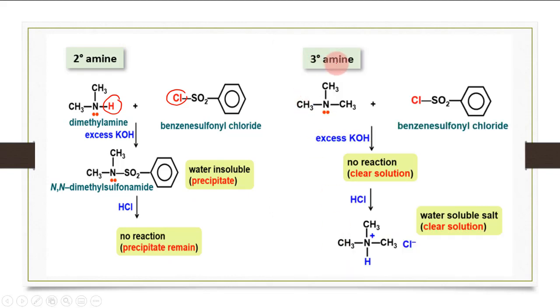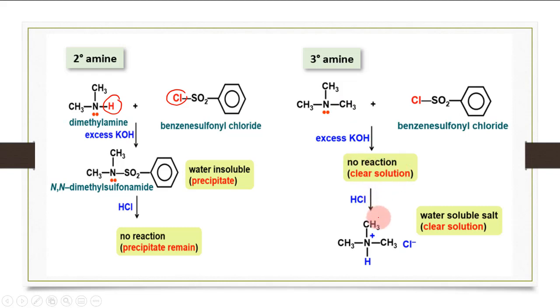Whereas for the tertiary amine, for example trimethylamine, when you react with benzene sulfonyl chloride there is no reaction, because the tertiary amine doesn't have a hydrogen atom. So in the first step, no reaction, and you see a clear solution.